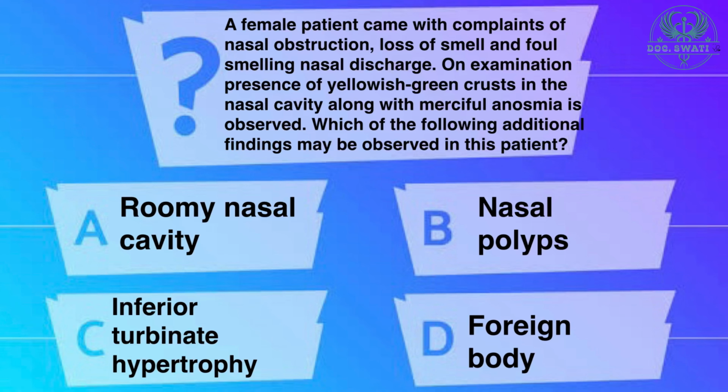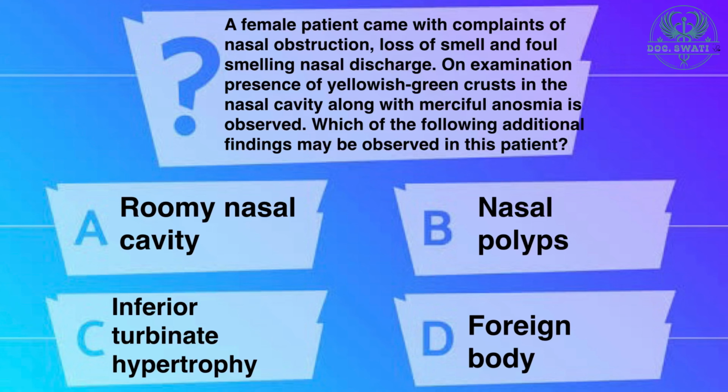Now let's practice a few MCQs about this topic. First, a female patient came with complaints of nasal obstruction, loss of smell and foul smelling nasal discharge. On examination, the presence of yellowish green crusts in the nasal cavity along with merciful anosmia is observed.